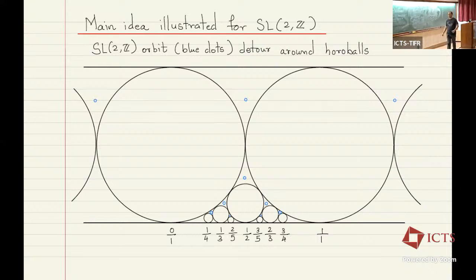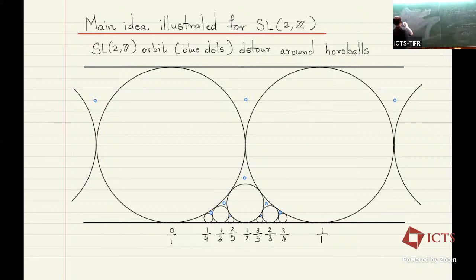And the action of SL2Z on the thick part. So where should I write? I'll just erase something. So I have taken H, I have removed from it all of my horoballs, and I've taken this with the path metric, and the action of SL2Z on this space is co-compact.